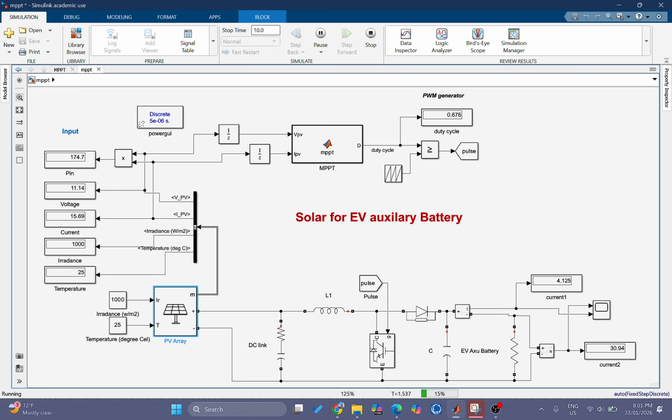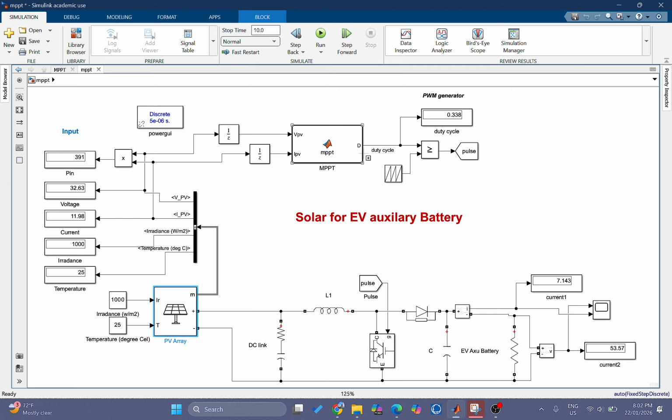firstly, why do we use the boost converter here? The boost converter requires an inductor coil, then it is connected to a diode in series, and a capacitor is connected in parallel to the load. And we have an IGBT or MOSFET, whose switching is controlled by the PWM pulse generator.